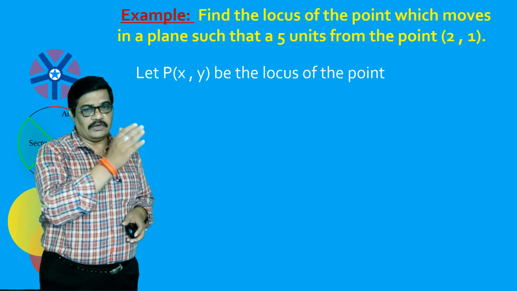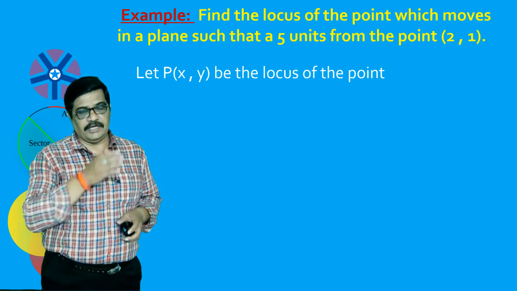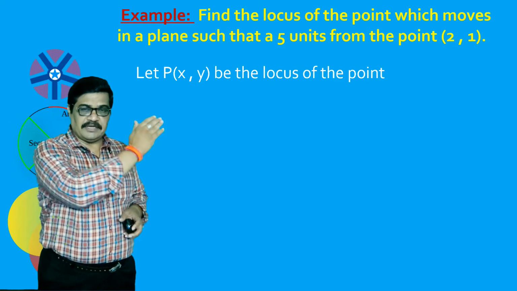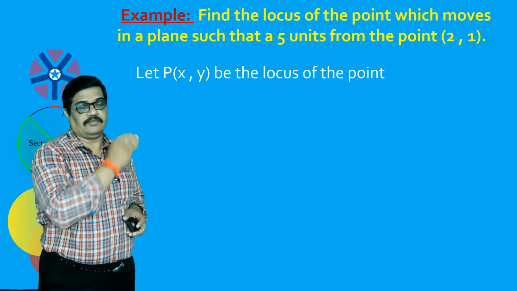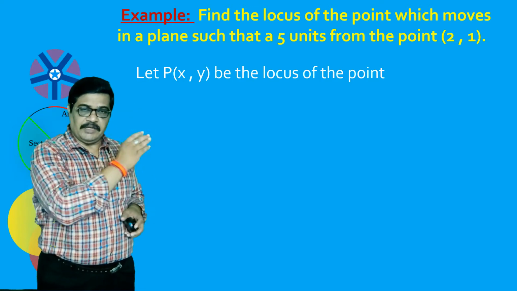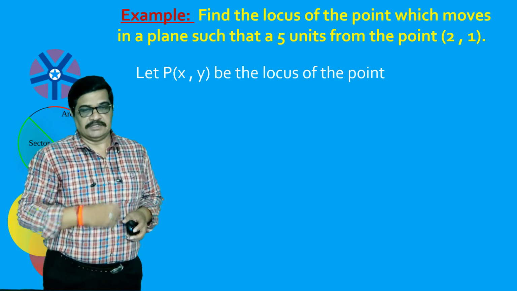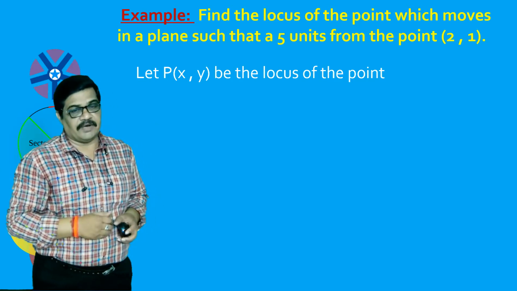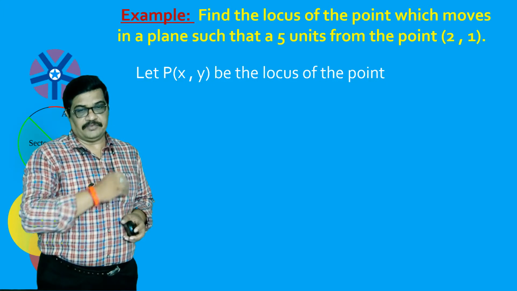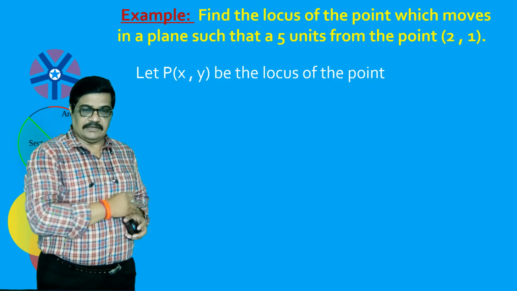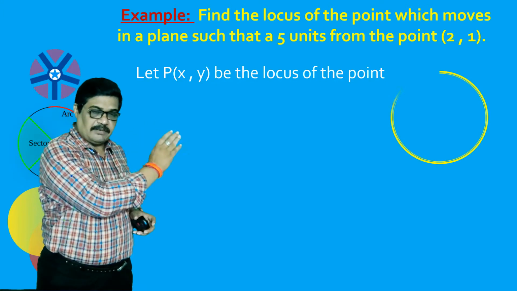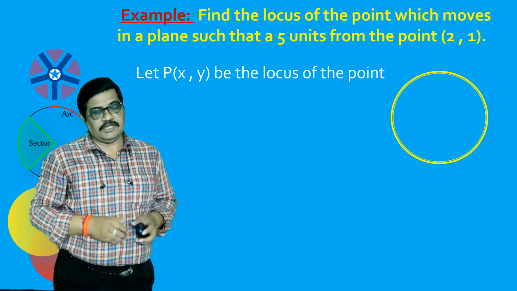Now we write the locus of the point P. That locus represents a circle. By the above definition, the locus of P forms a circle. So let P(x, y) be a point on the circle, or let P(x, y) be the locus of the point.